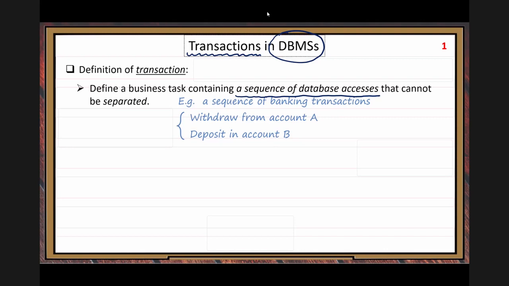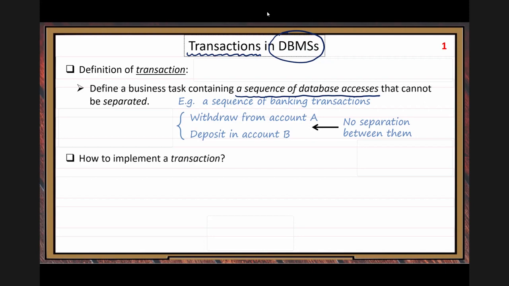Inside the DBMS, it will guarantee that you go back to the original point without any damage, because you do nothing. So no damage. No separation between them.